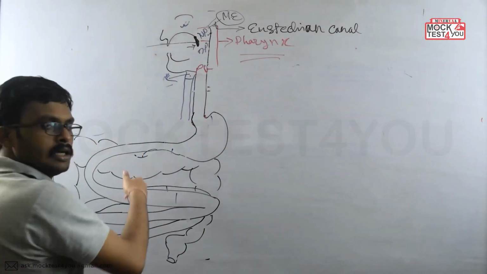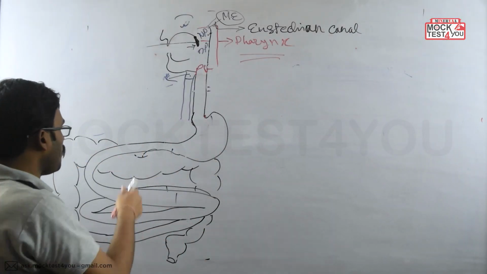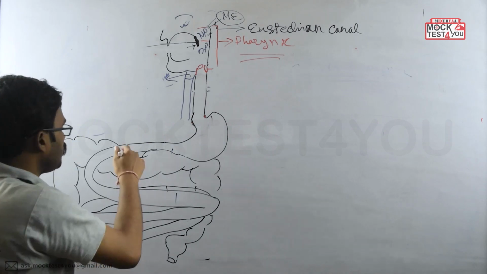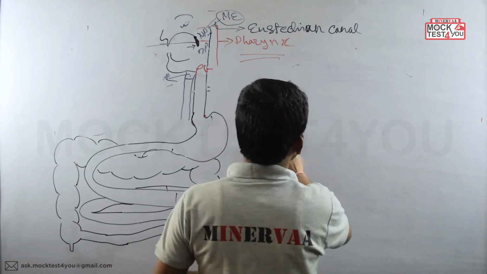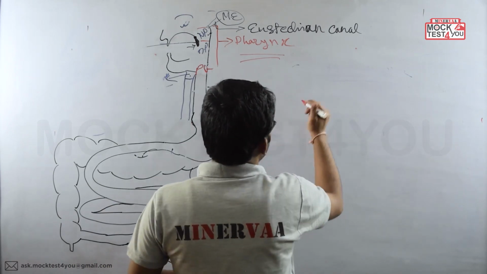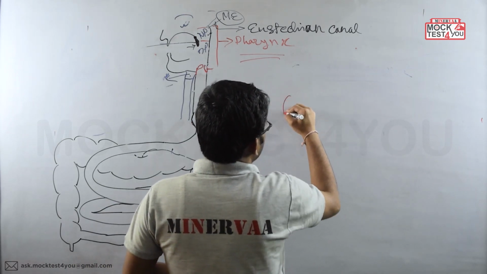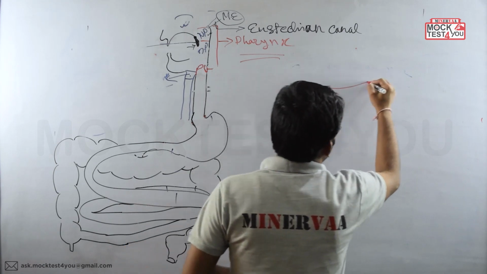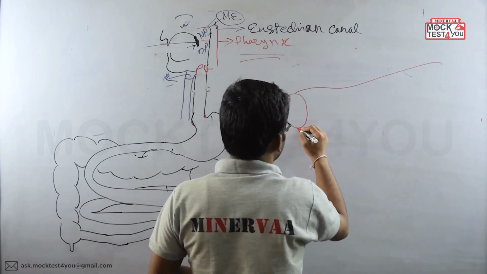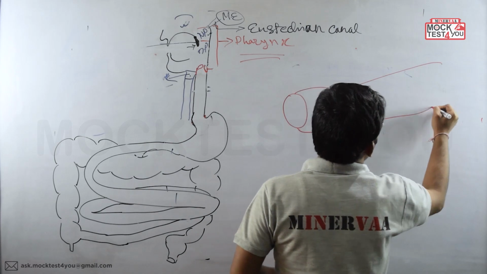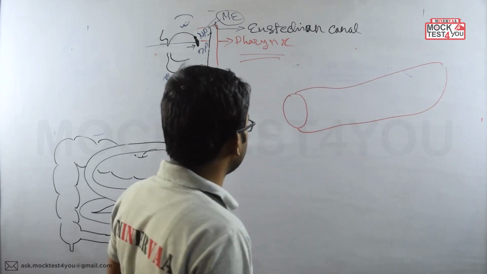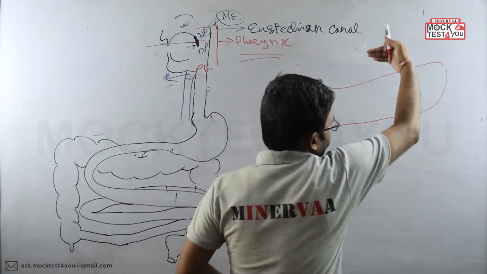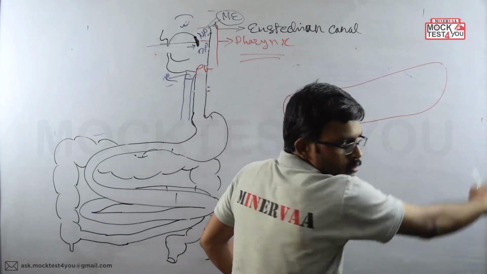If we cut the wall of the small intestine, think this is a portion of the small intestine. Now I have cut it from the middle, longitudinally, clear?